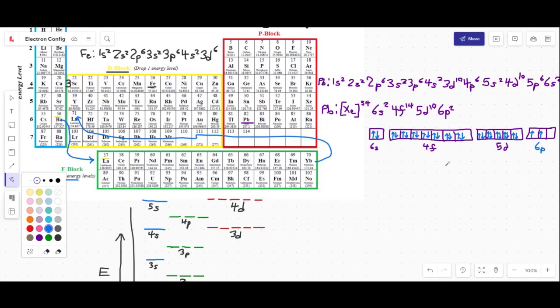So in other words, one will respond to a magnet, one will stick to a magnet, and the other one won't. You need unpaired electrons in order for it to be magnetic, or to stick to a magnet, basically.